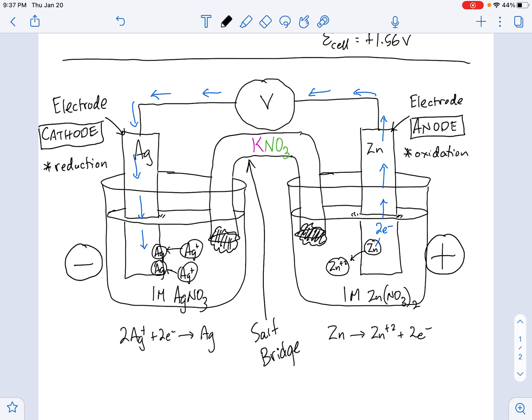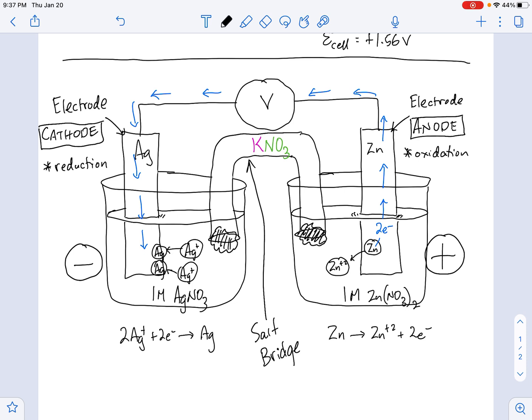And that's why I use the color coding. So what would happen is wherever you can see that the positive charge is building up in the anode beaker, positive charge needs to escape that beaker and migrate away.